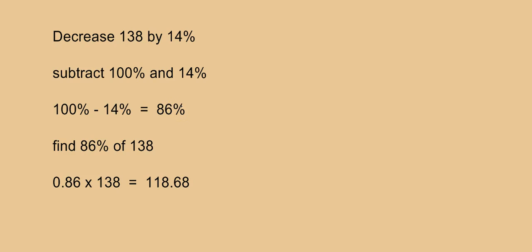Now, all we need to do is find 86% of the 138. 86% as a decimal, zip zip, is 0.86. Of becomes a times, 138 goes along for the ride. Into our calculator, we get our answer in one step, 118.68.